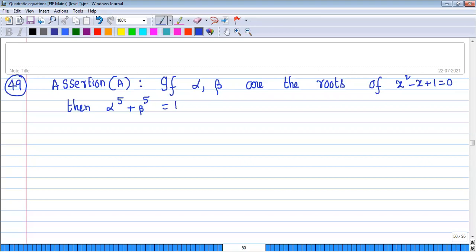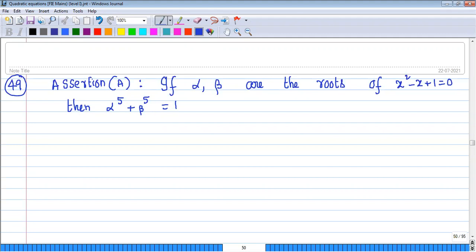We need to check, indirectly: if alpha, beta are the roots of x square minus x plus 1 equals 0, we are asked to prove alpha to the power of 5 plus beta to the power of 5 equals 1. Or else, if it is not proved, or disproved, then we say it is a false statement.